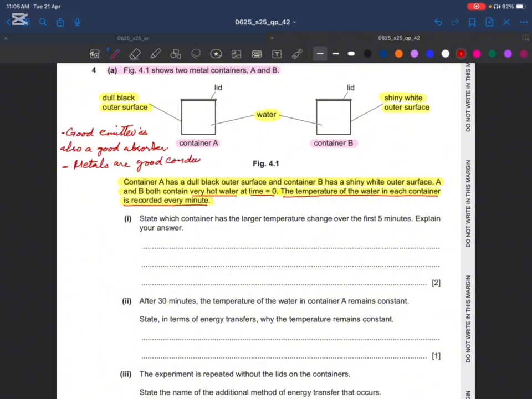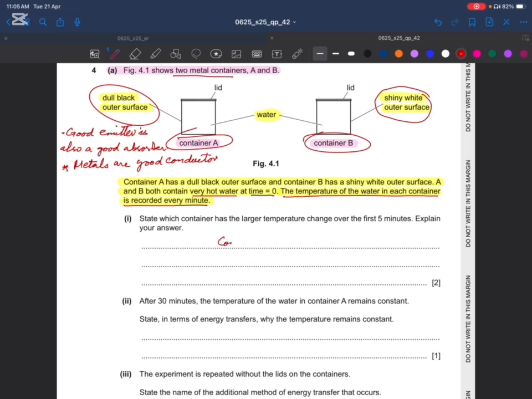In this case, as both of these containers are made of metal, we cannot apply that concept here. But we can say that a dull black surface is a good absorber, and also a good emitter, as compared to the shiny surface. So state which container has the larger temperature change.